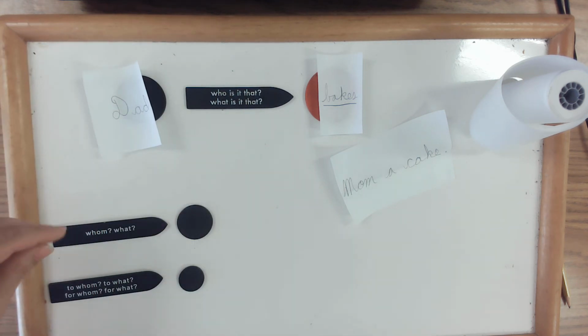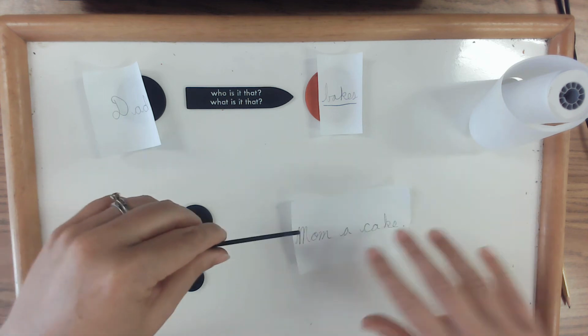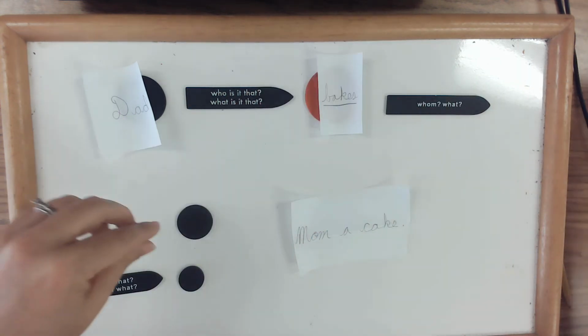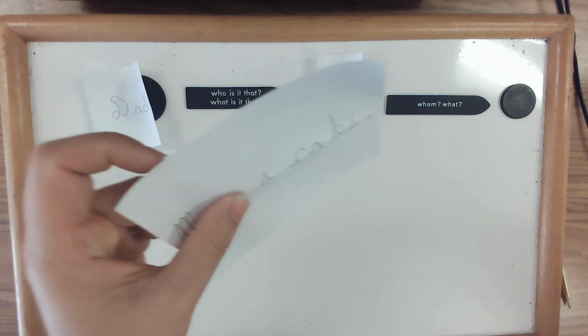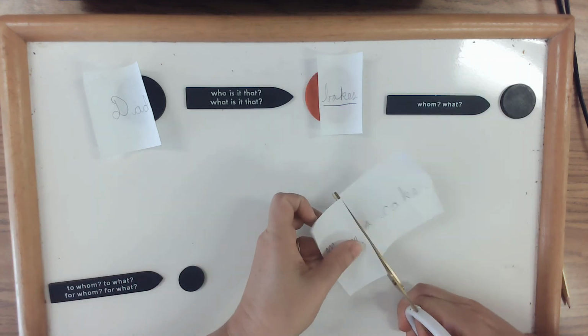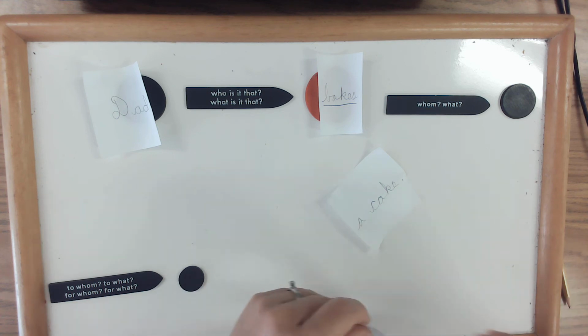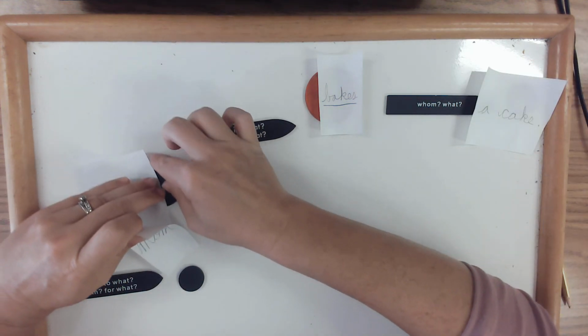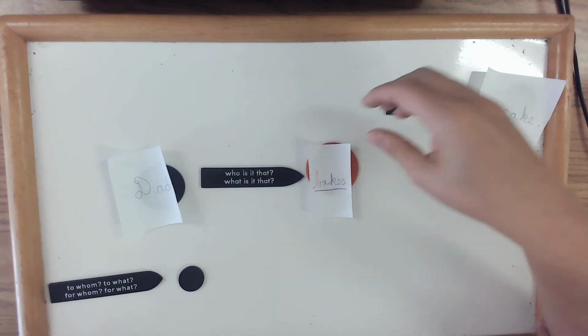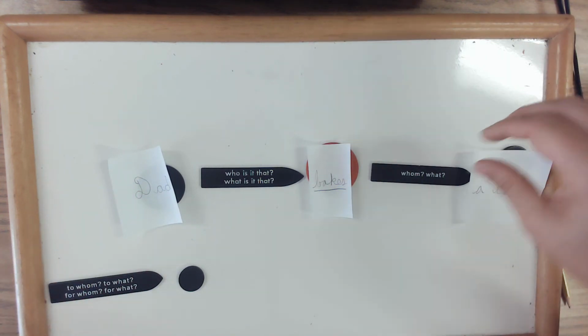Dad bakes what? He bakes a cake. He does not bake Mom. Dad bakes a cake. Now, for whom does Dad bake a cake? Who is he planning on giving it to? It's for Mom. I'll pull these down.